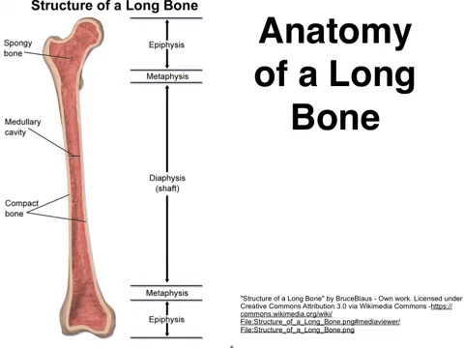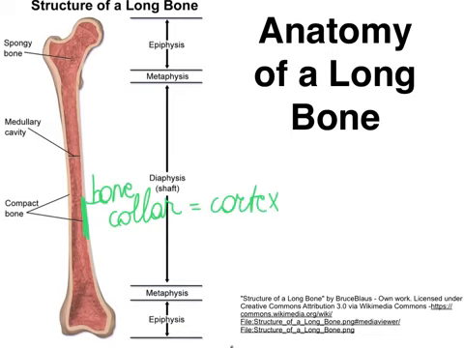And where it is labeled here compact bone, which is the outer layer of bone tissue that essentially holds up the diaphysis, we can refer to this as the bone collar, C-O-L-L-A-R, or even the cortex. You'll see that at times too.